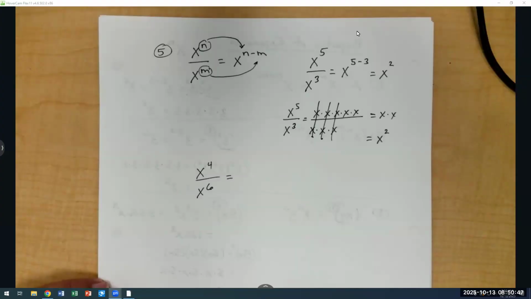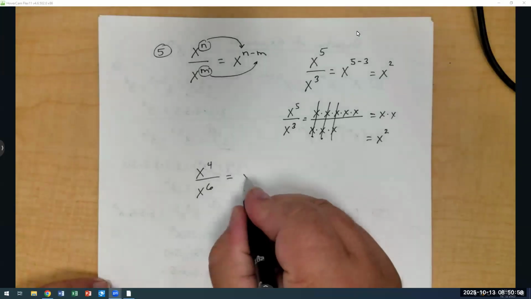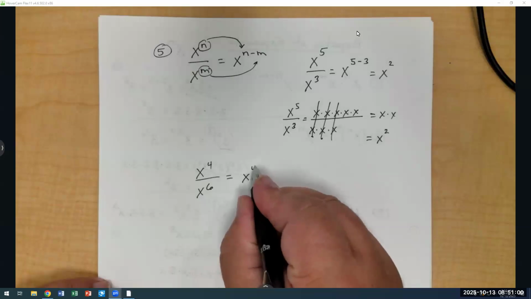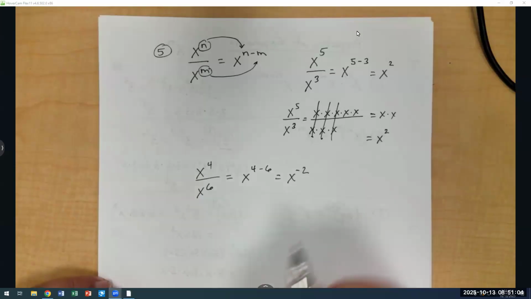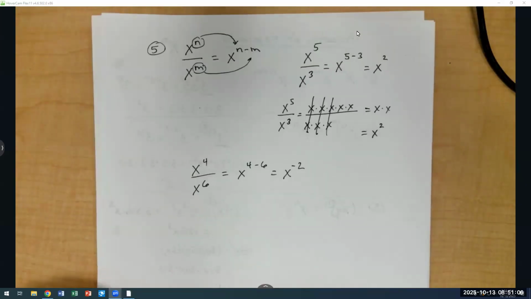How about this one? If we use the shortcut method, what do we get? Yes. But in the convention of mathematics, you never want to have a negative exponent as an answer.